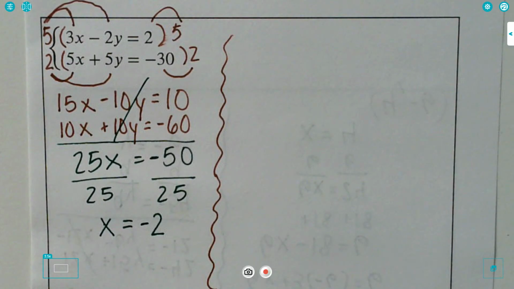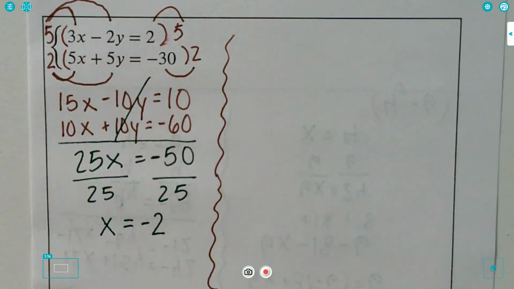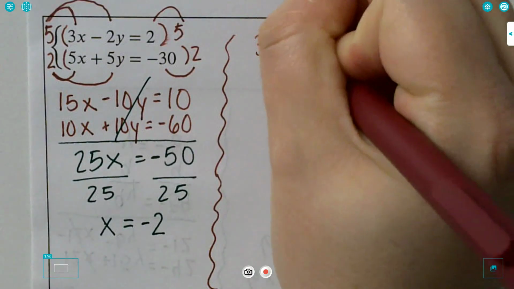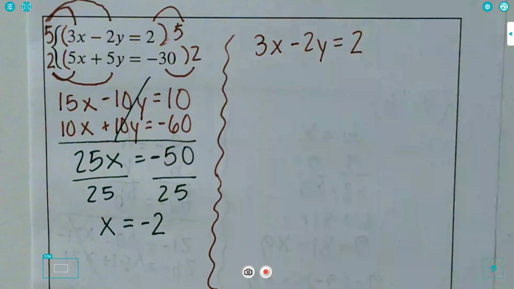Right. You can use either original equation. When you're looking back at your original equations, you can either always pick the first one, always pick the second one, or do it random. I, at this point, kind of like to pick one that I think is going to be easier. So these numbers are way smaller, so I'm going to do the top one. 3x minus 2y equals 2.